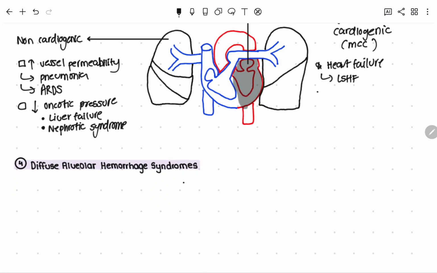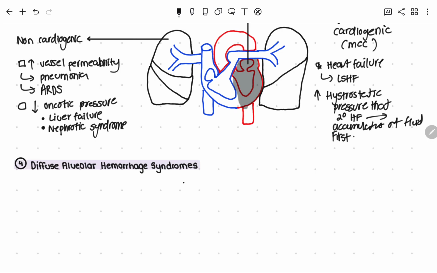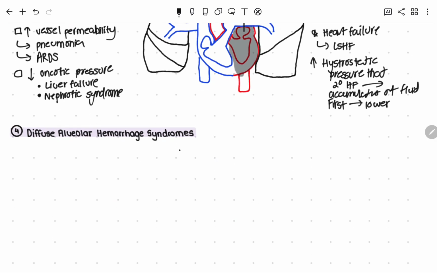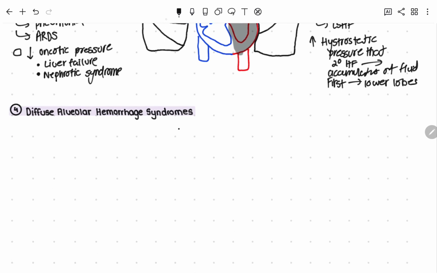But what's basically happening is that you have an increased hydrostatic pressure that is occurring secondary to this left-sided heart failure, resulting in accumulation of fluid. First, it's going to occur in the lower lobes because that is where the hydrostatic pressure is highest due to gravity, and then even in the upper lobes.